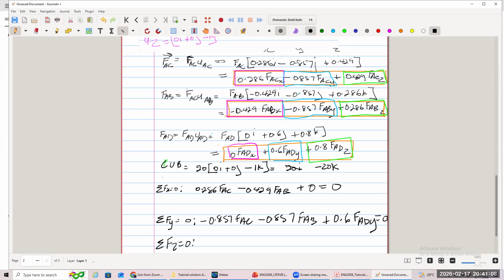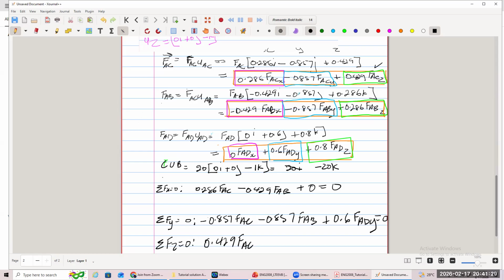Let's write this one. So the Z now have everything in the green, plus the fourth line that I told you about. So it would be, what was the first one? Is it minus 0.429 F AC? Agree with that one? See it up here?